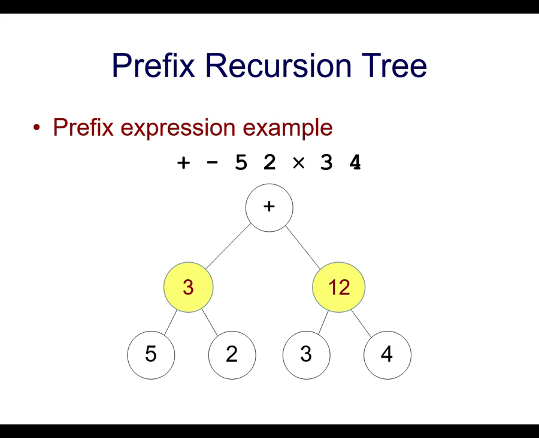Similarly, the two rightmost leaf nodes just return their values, and the activation that reads in the times multiplies 3 times 4 and returns 12. Finally, the activation at the root of the tree receives the 3 and 12, adds them, and returns 15, which is the value of the whole expression.